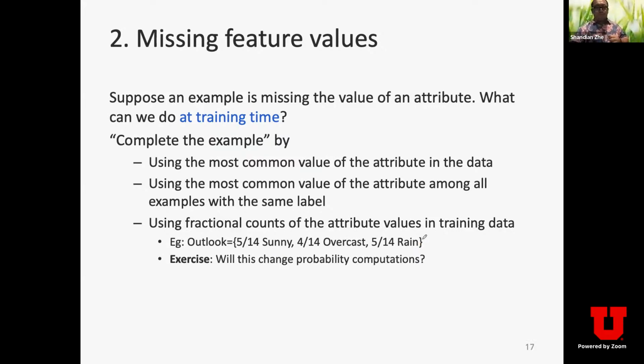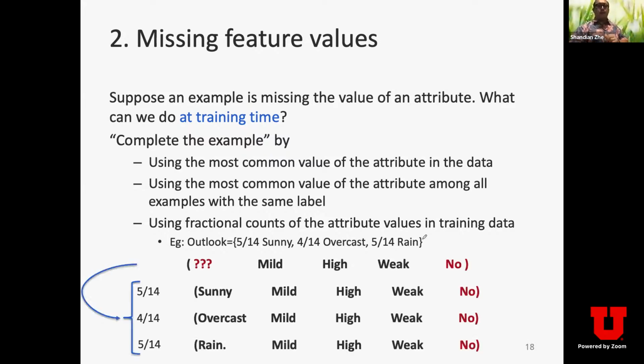And then the remaining question is how do we add these 3 fractional examples into the original data set, and then rank the attributes, say, with information gain or Gini index and so on. So let us look at an example. This is my incomplete example. To consider all possible cases that outlook can take, I'm gonna break it into 3 fractional examples.